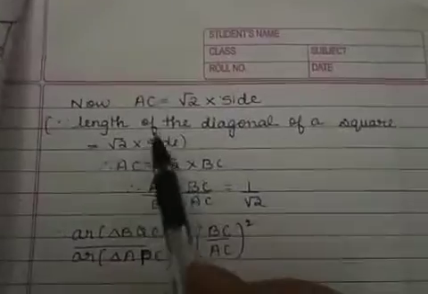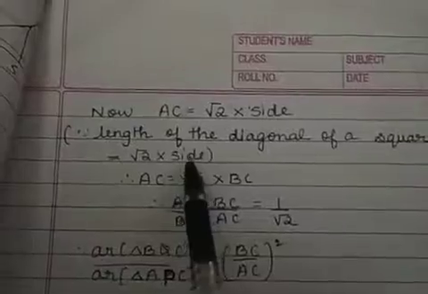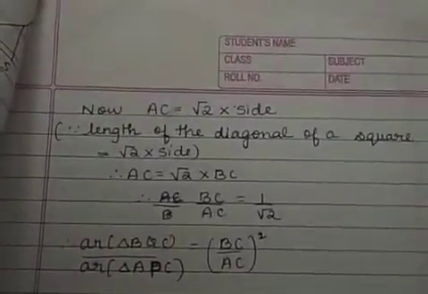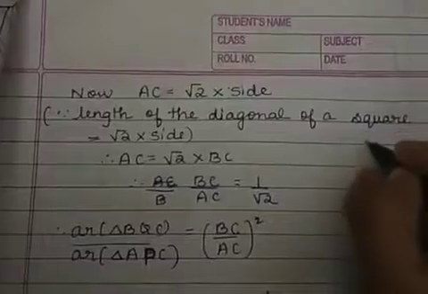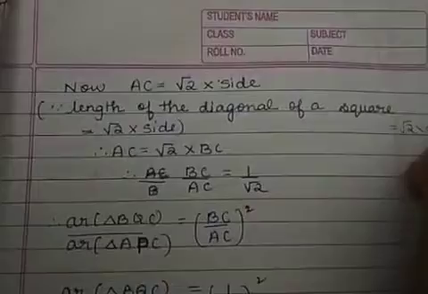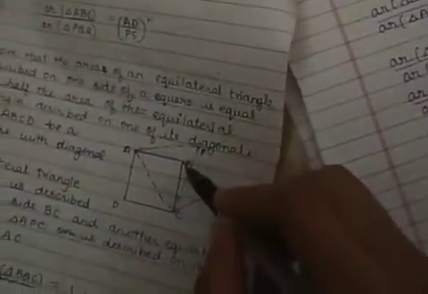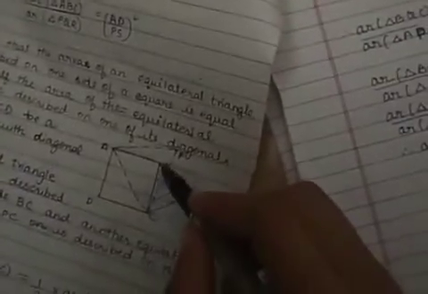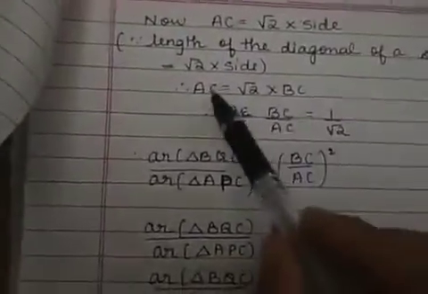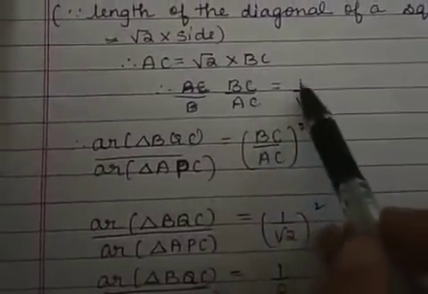Now you know that the length of the diagonal of a square is root 2 multiplied by the side. The diagonal is AC here, so AC will be equal to root 2 times one side. You can take any side, all sides are equal, so root 2 times BC. So what will be BC upon AC? BC upon AC will be 1 upon root 2.